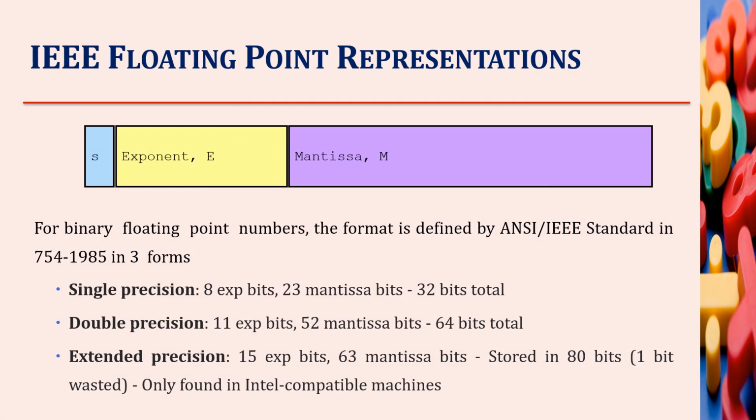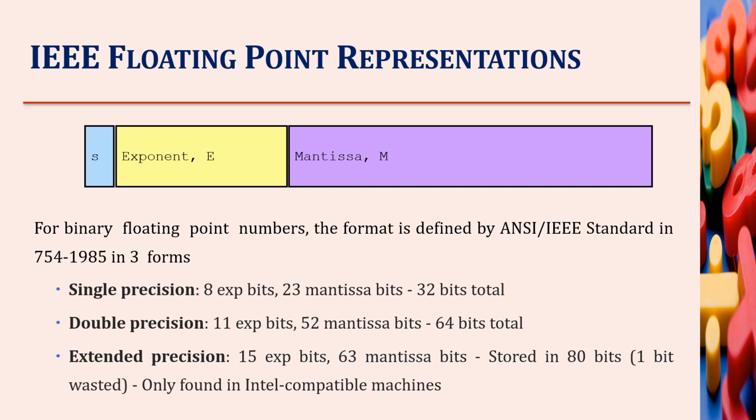Any binary floating point number can be represented using the ANSI or IEEE standard, and it can be in 3 different representations. If you are using a 32-bit representation, it is called the single precision format. Okay, so a total of 32 bits is used for representing the number.